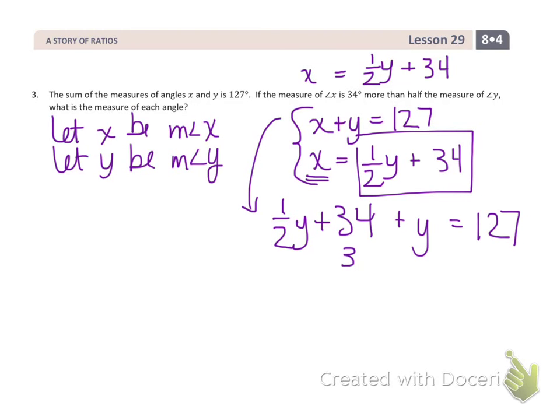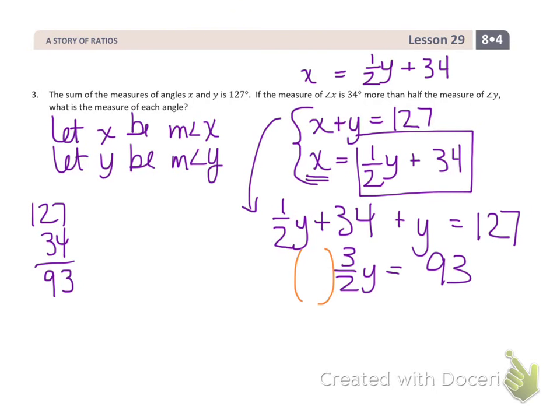So I've got 3/2 y is equal to 127 minus 34, and that's 93. Now I want to get the coefficient of y to equal 1, so I'm going to multiply both sides of this equation by 2/3.